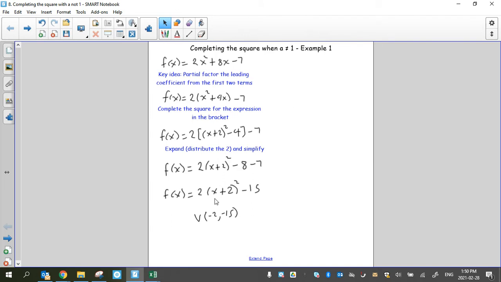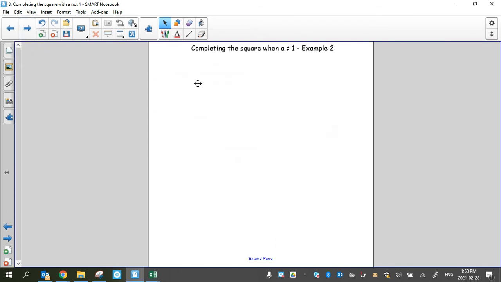So I hope this was friendly. We're going to move to another example, and what happens relatively quickly when the coefficient is not 1 is that we end up with fractional expressions, but that doesn't really matter. Fractions are our friends. So let's look at this one, 2x squared plus x minus 3, the same process.